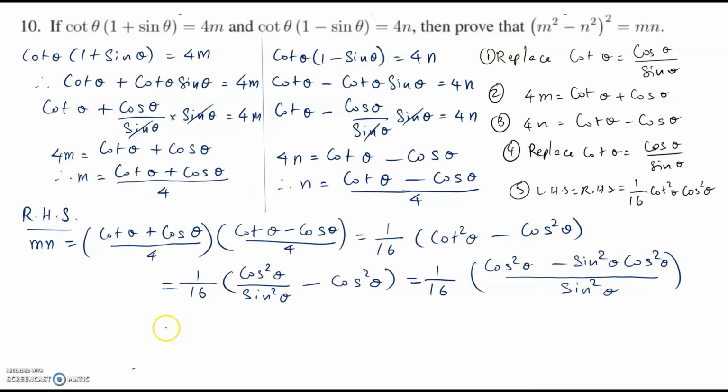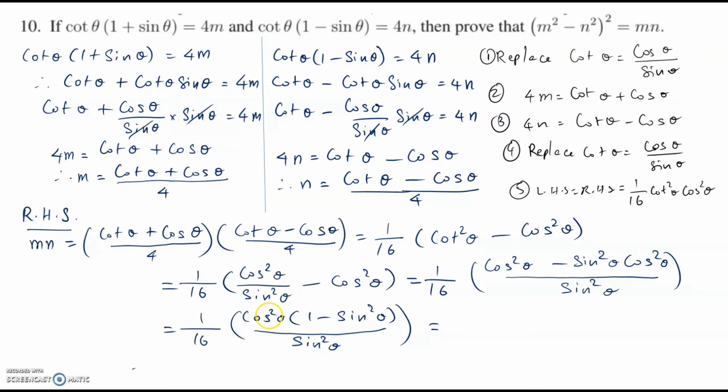So, 1 by 16 into, taking cos squared theta as common, 1 minus sin squared theta divided by sin squared theta.